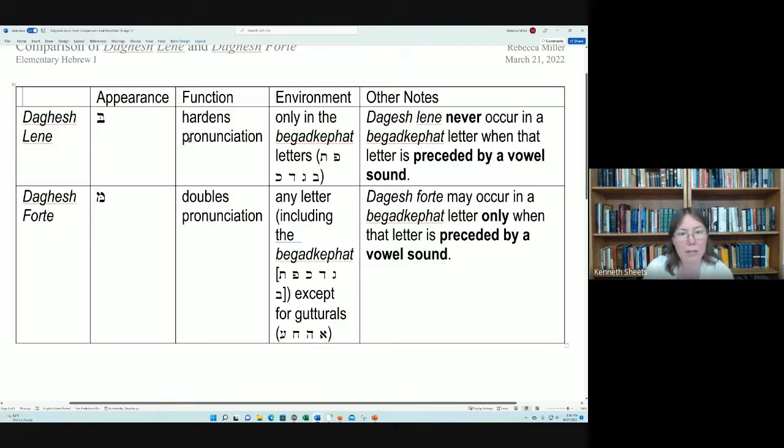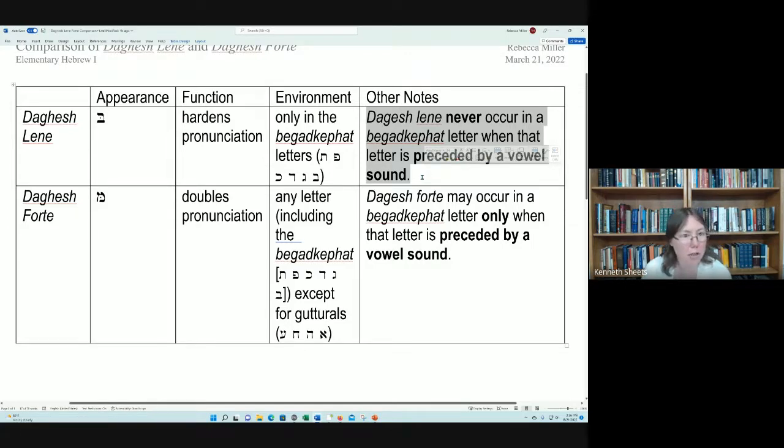And when this dagesh lene is in one of those begad kafat letters, Beth Gimel Daleth, Kaf Pei Tau, then that dagesh lene has a tendency to harden the pronunciation. And a key note to notice as well is that the dagesh lene never occurs in a begad kafat letter when that letter is preceded by a vowel.